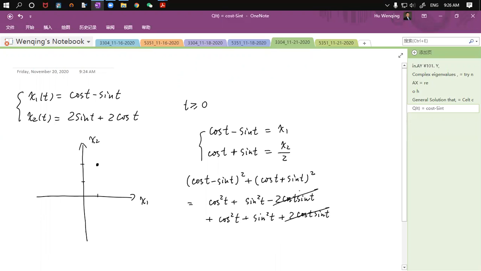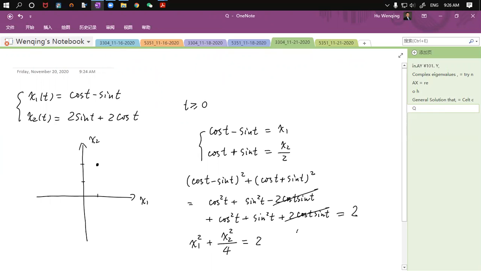You're going to cancel these two terms. In the end, you use the identity cosine square plus sine square is 1, you get 2. So that means x1 squared plus x2 squared over 4 is going to be equal to 2. Is that good?